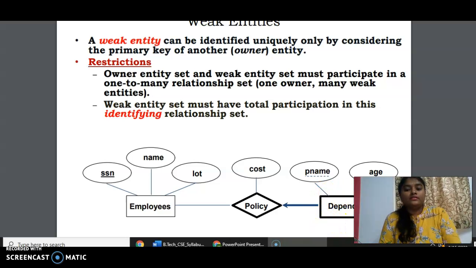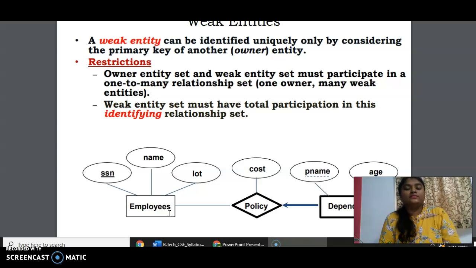Here dependents are the weak entity. This is an example where employees are present in the company, but there are some policies that are applicable for their family members also. Do you think that their family members all get employee IDs? No. If any one of the family members gets sick, they use the employee ID of that particular employee, his mother or father, who is working in the organization, right?